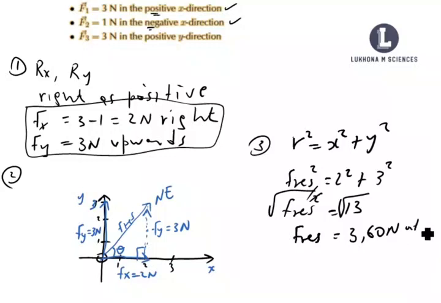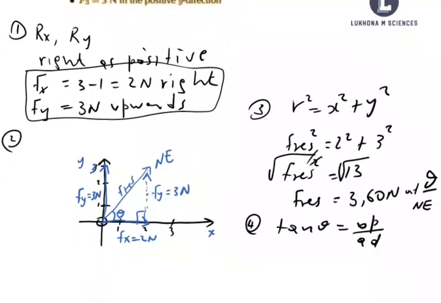We need the angle, north of east. We need theta. Then we go to step number 4, where we use tan theta is equal to opposite over adjacent, to get the direction, that is theta.